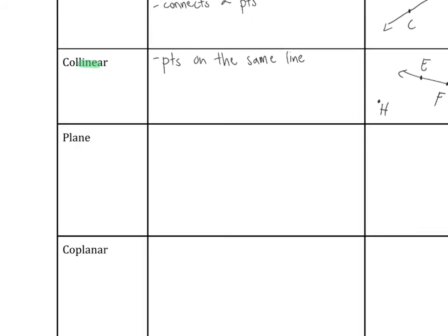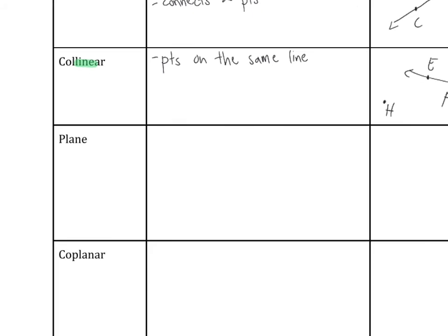All right, moving on to our last building block for geometry, and that is a plane. A few things to note about the plane. It is two-dimensional. If you think about a coordinate plane, you have two dimensions there, an X dimension and a Y dimension, kind of like a surface, like a tabletop area.